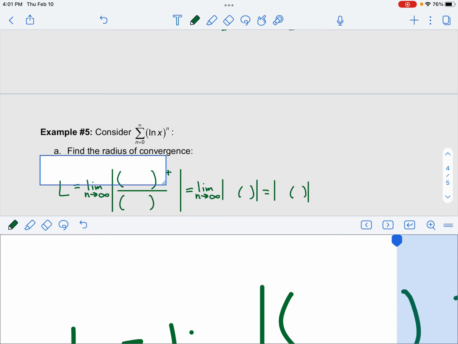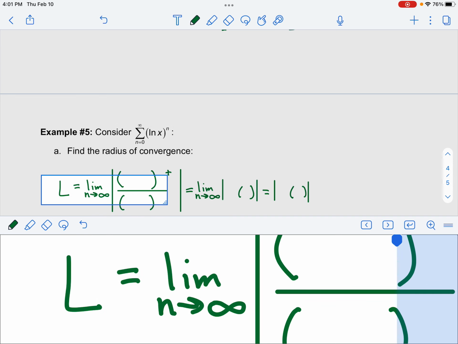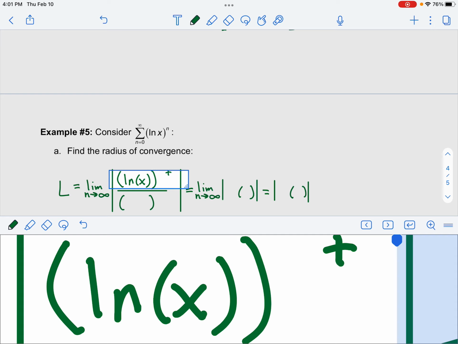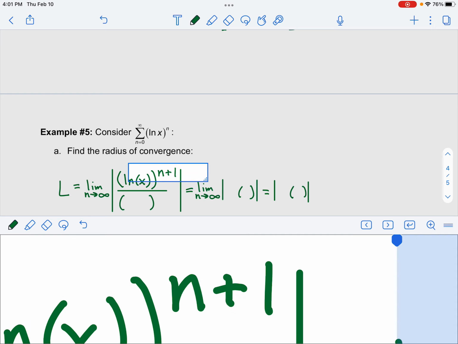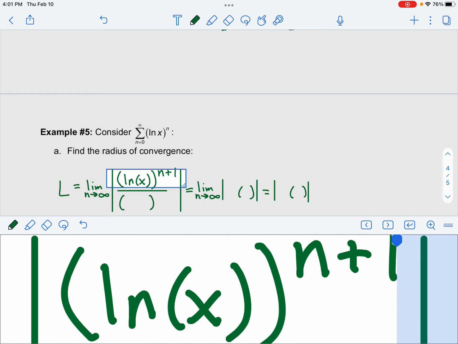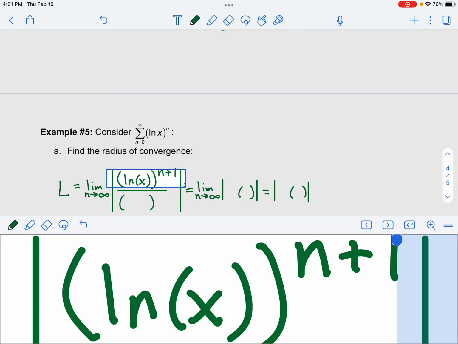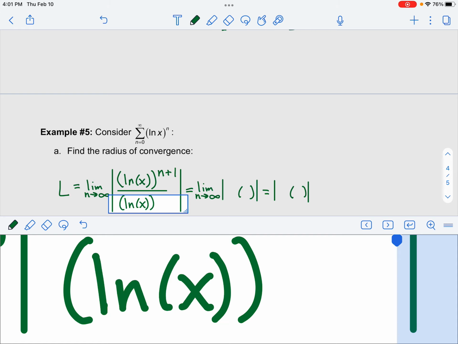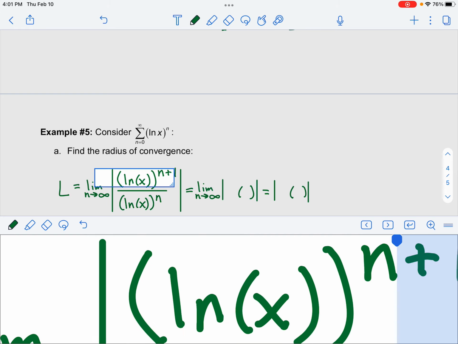Ratio test: L is going to equal the limit as n approaches infinity of the natural log of x to the n plus 1 power, again, all of this is in absolute values. I know I don't always say that, but it's always there. And then the denominator is just the natural log of x to the nth power.